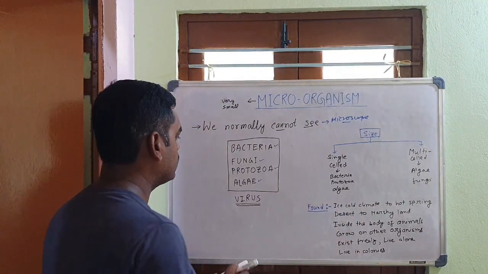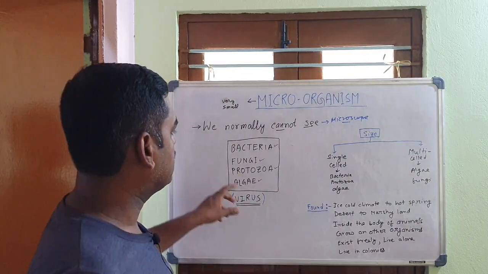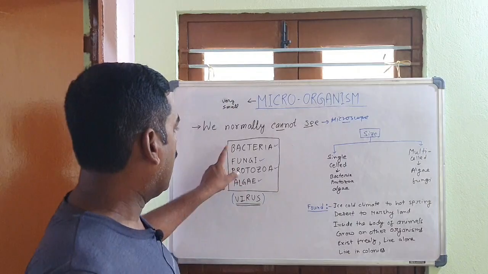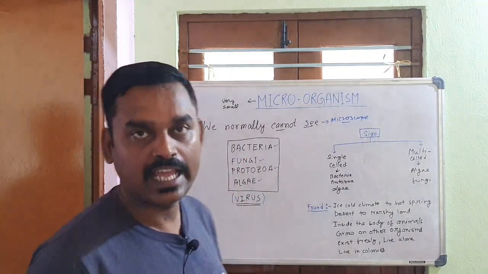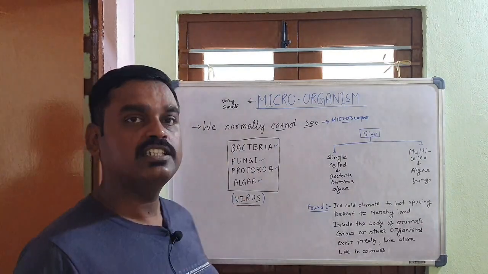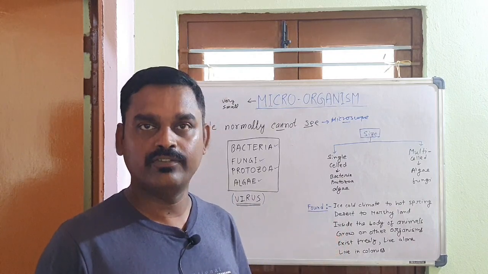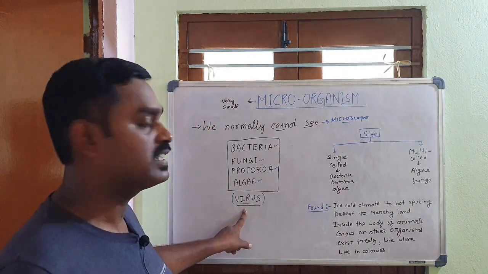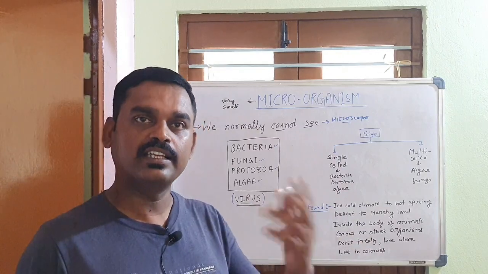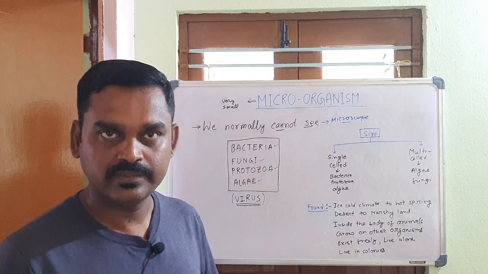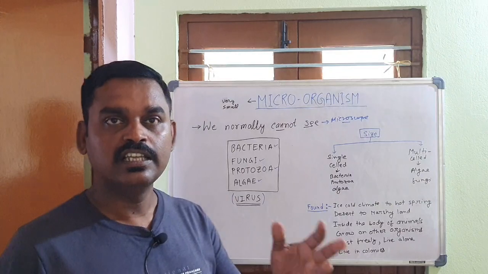Here another microorganism is present, that is called virus. But you can see that we take the virus out of the box of bacteria, fungi, protozoa and algae, because virus is the type of microorganism which normally is not alive, but when the virus enters any living organism, then it becomes alive and performs its activities inside the living organism, but outside the living organism it is present as a dead thing.